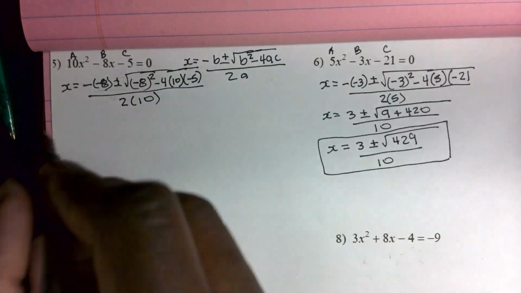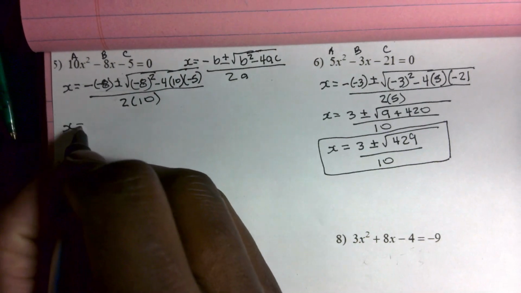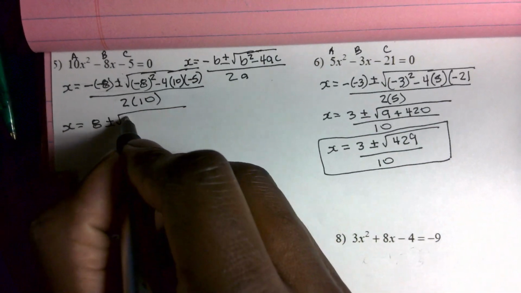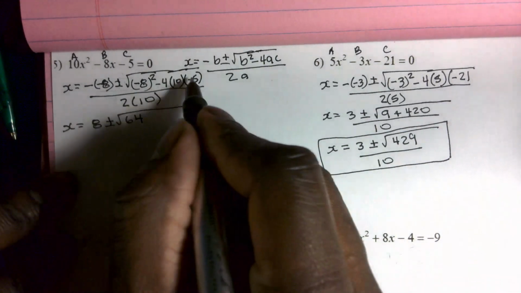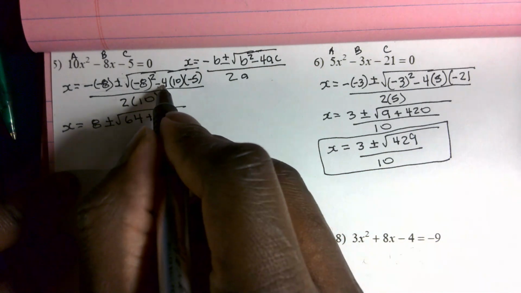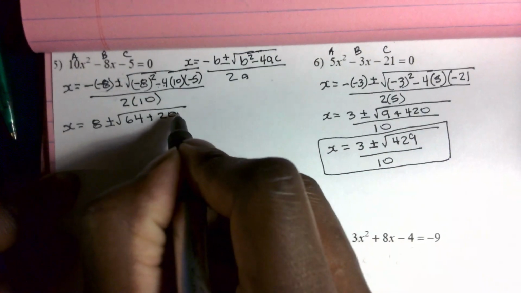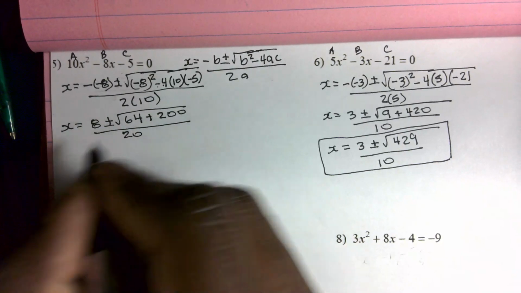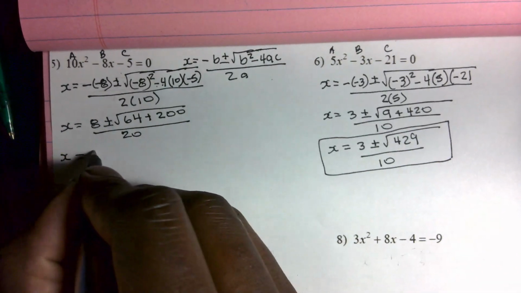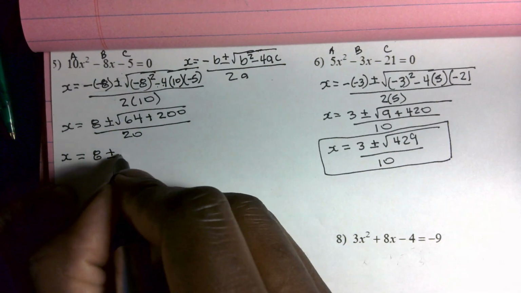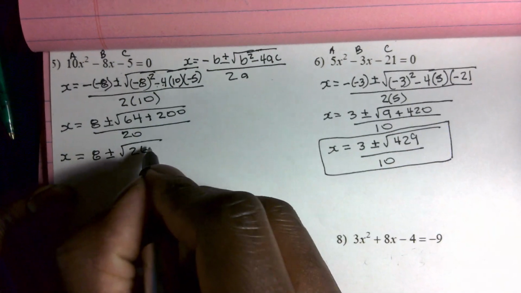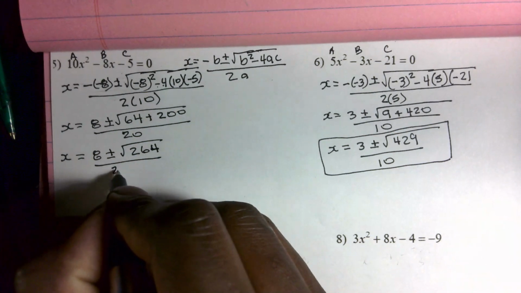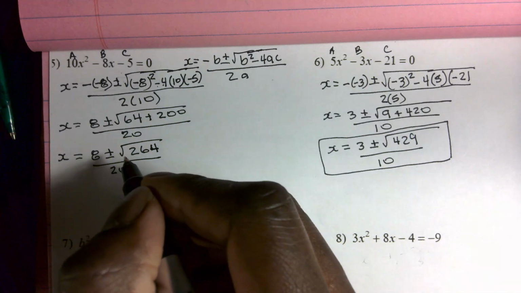So from here we can say x equals 8 plus or minus the square root of 64, negative and negative is positive, plus 4 times 5 times 10 is 200, over 20. X equals 8 plus or minus the square root of 264 over 20.